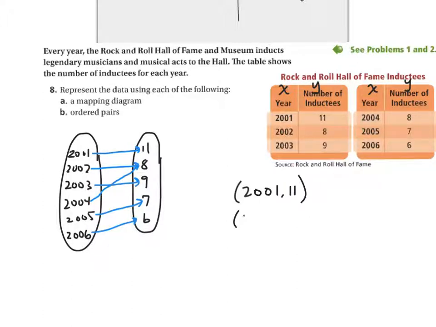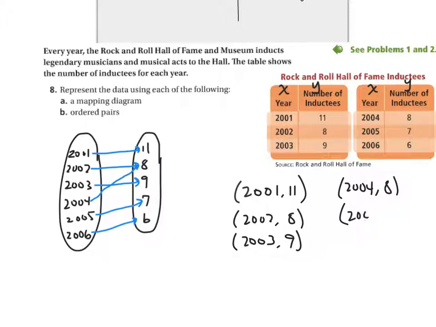Then it's 2002, that goes with 8. Then it's 2003, that goes with 9. 2004 goes with 8. 2005 goes with 7. And 2006 goes with 6.